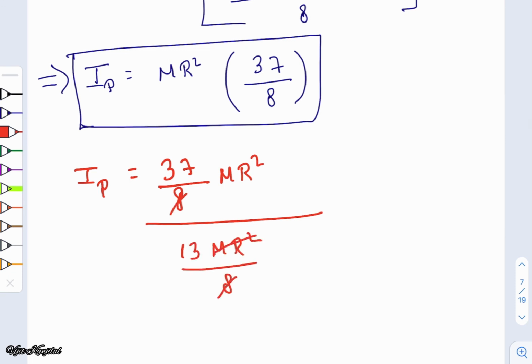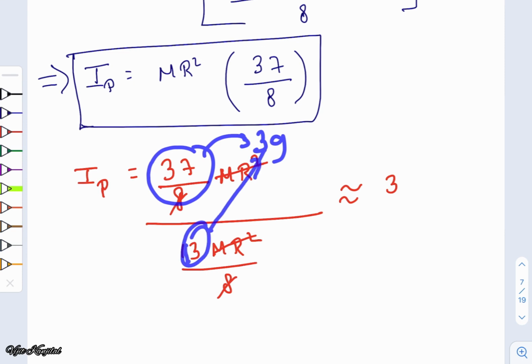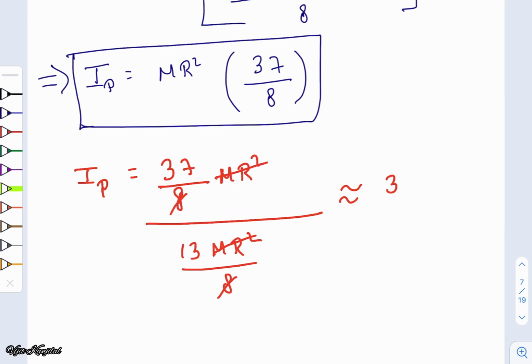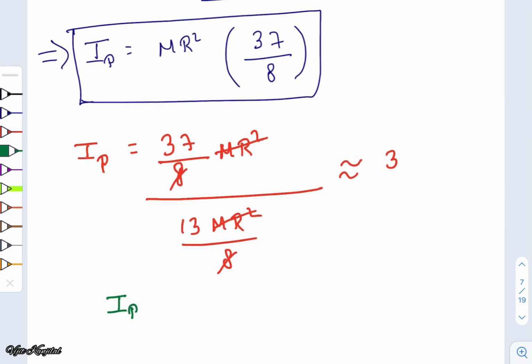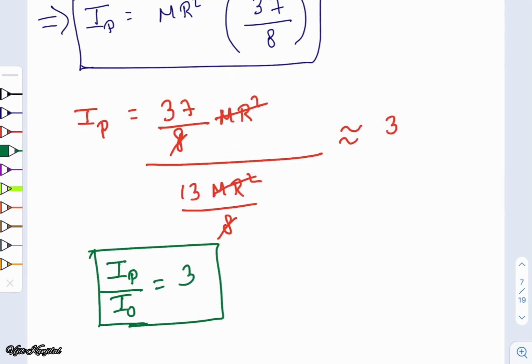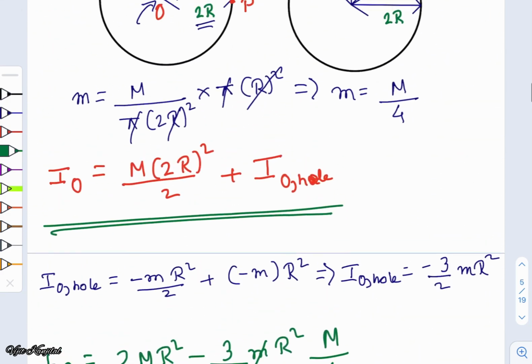So these terms get cancelled out, and this is close to 3 because we can approximate 37 as 39, and 13 3s are 39. So this value is close to 3. So our answer is IP by IO equal to 3. So you can now appreciate the power of this method that I taught you just now.